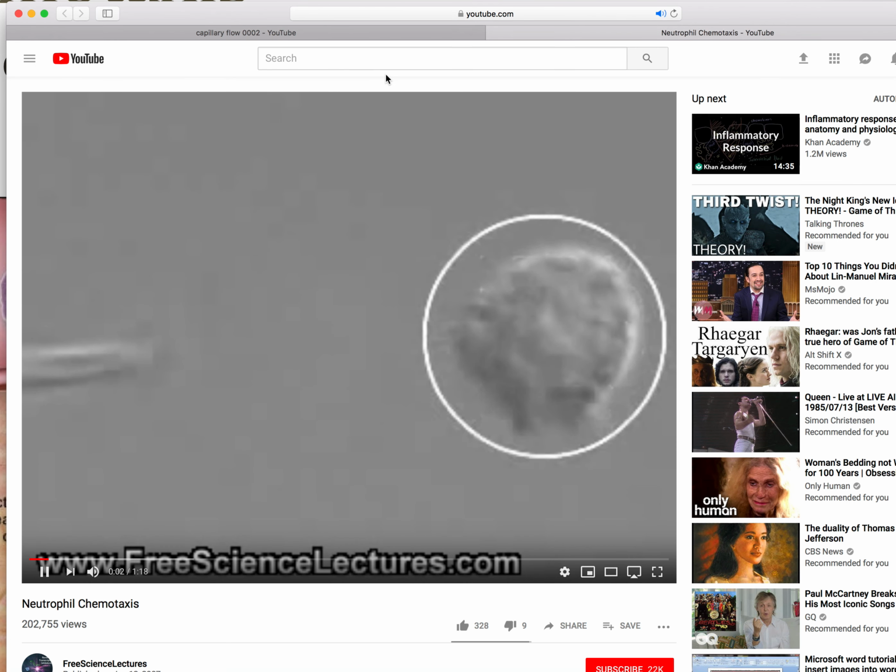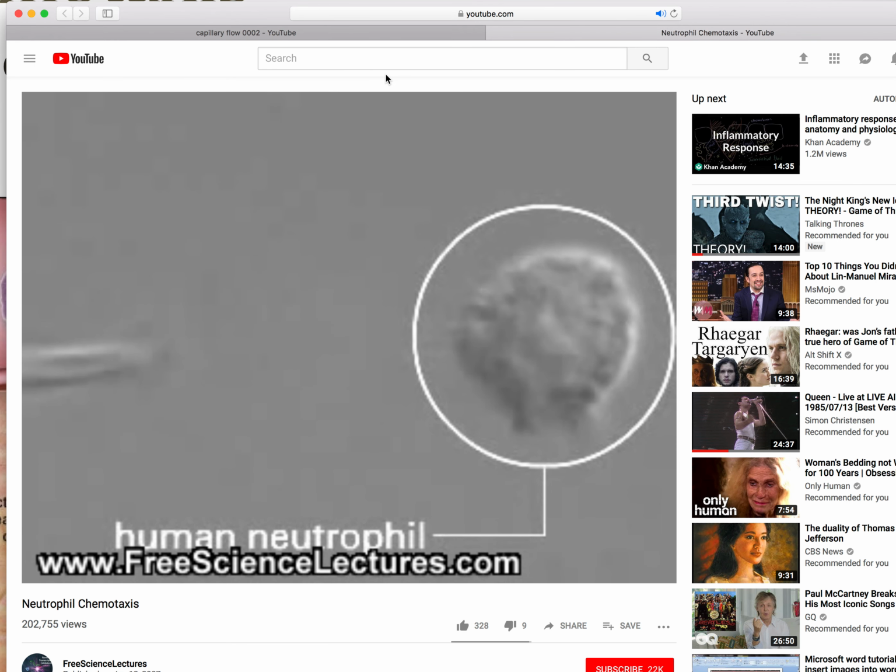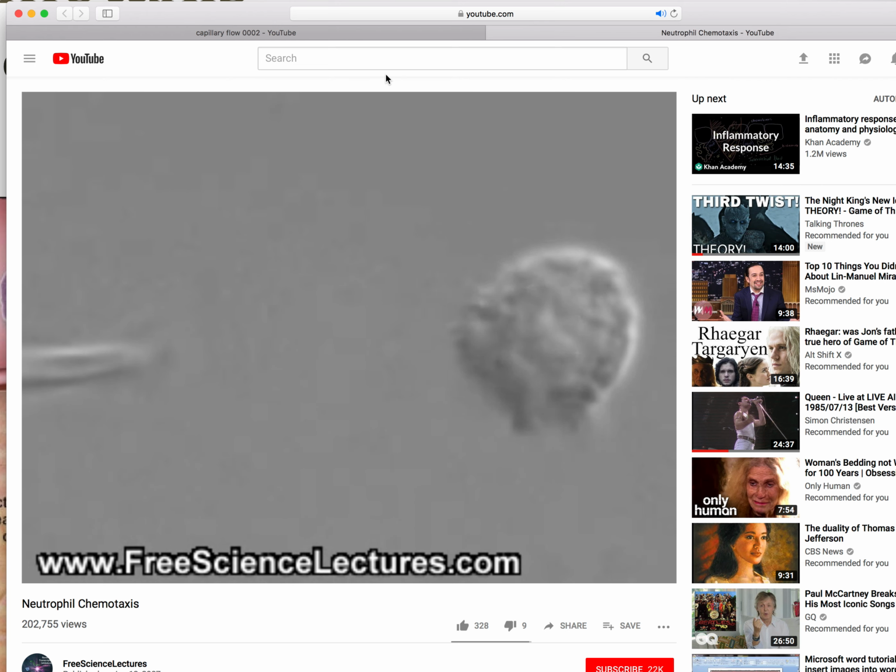These human neutrophils, taken from the blood of a graduate student, are mobile cells that will quickly migrate to sites of injury to help fight infection. They are attracted there by chemical signals that are released by other cells of the immune system or by invading microbes. In this experiment, tiny amounts of chemoattractant are released from a micropipette.